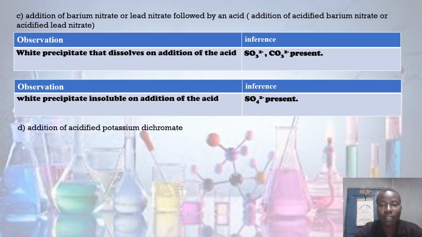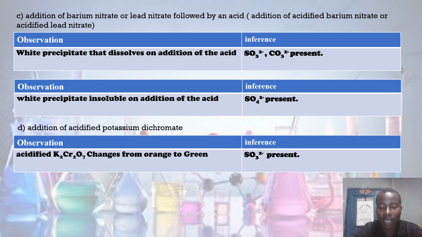Next, we are having the use of acidified potassium dichromate. If you look at this case up here where I was having the sulfite and the carbonate, I can only be able to tell the specific ion which is present by use of this acidified potassium dichromate. It can help me to identify the ion that is present between the sulfite and the carbonate.